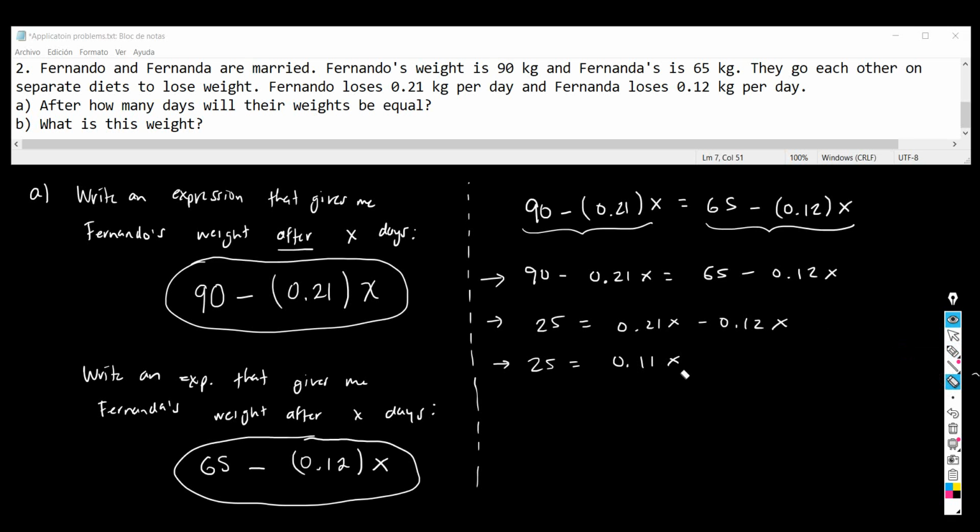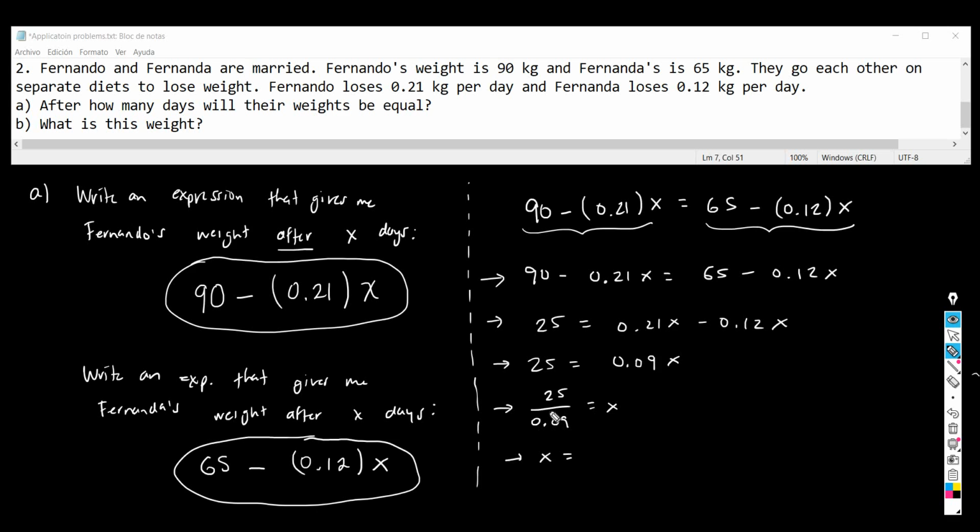I'm sorry, I'm so bad at arithmetic. Yes, this minus this is 0.09x. Okay, perfect. And the rest is easy. We just divide both sides by 0.09, and finally x is equal to this division.